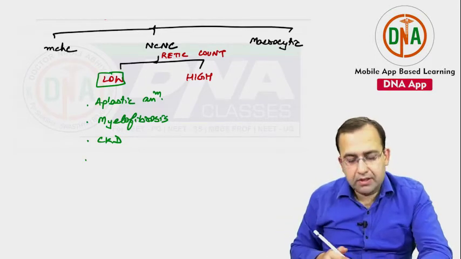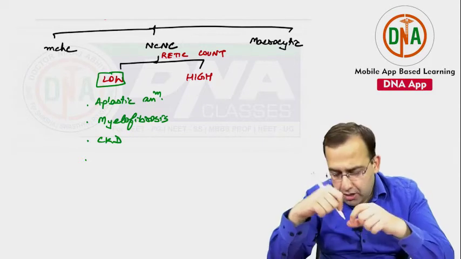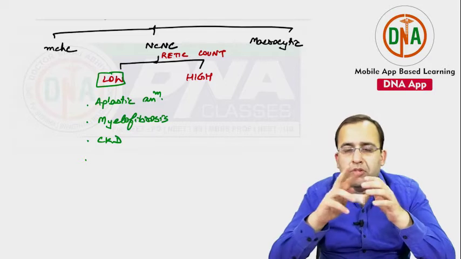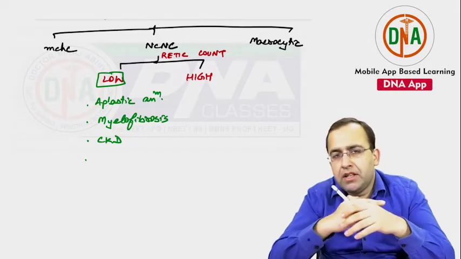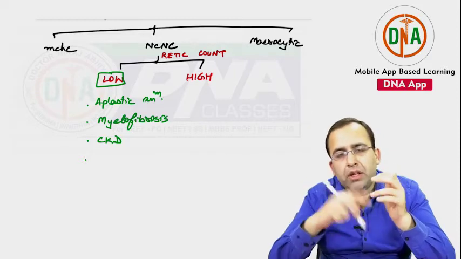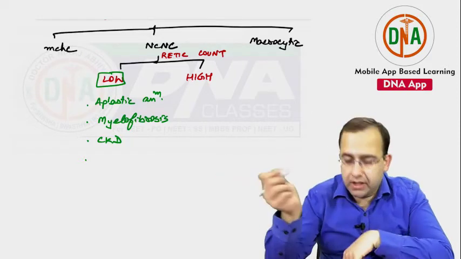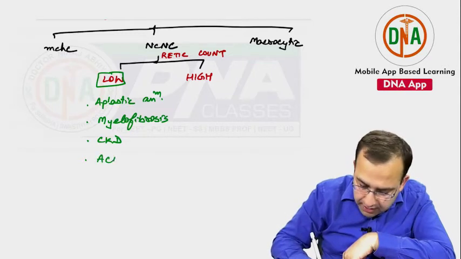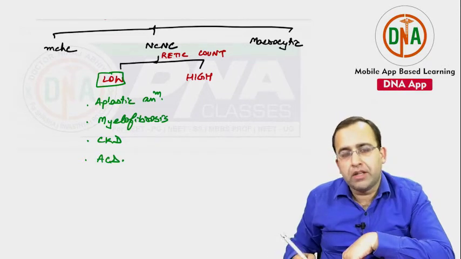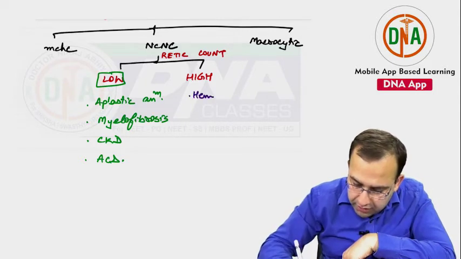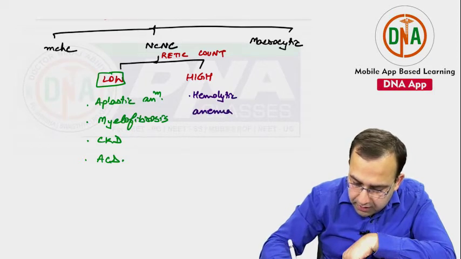Next, nutritional anemias. Should I write nutritional anemia here? No. Nutritional anemias are iron deficiency anemia and megaloblastic. Iron deficiency anemia is microcytic hypochromic. Megaloblastic is macrocytic in nature. So I will not write nutritional anemias. The last is ACD, anemia of chronic disease, versus high retic count, which is associated with hemolytic anemias.